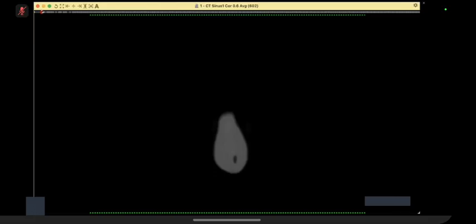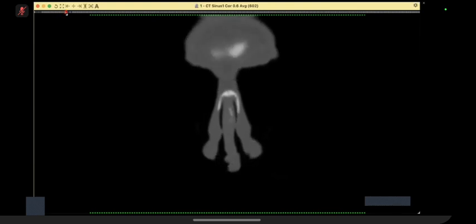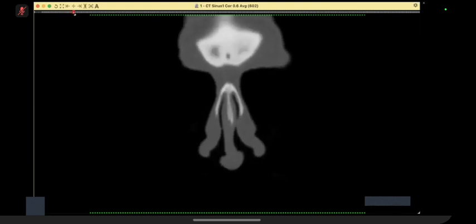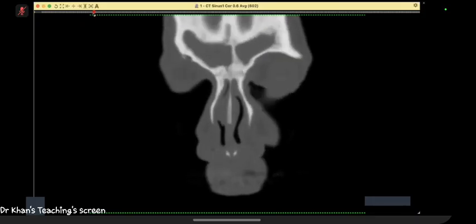I'm provided with coronal sections in the bone window of a male who presented with chronic nasal blockage. I'm scrolling anterior to posteriorly.